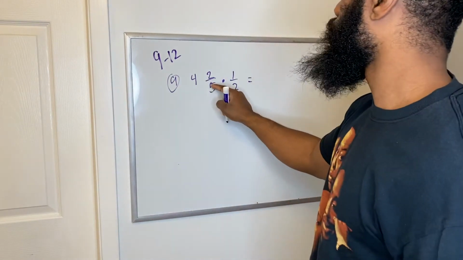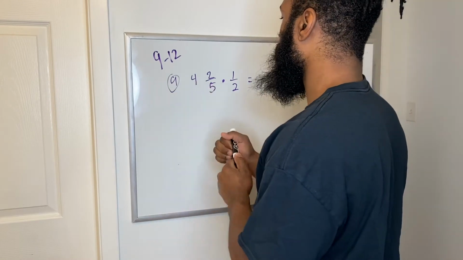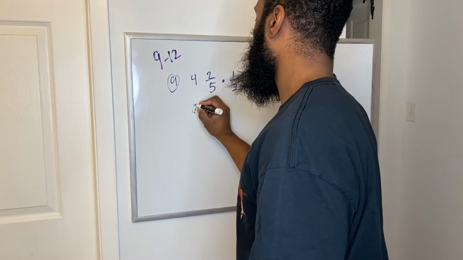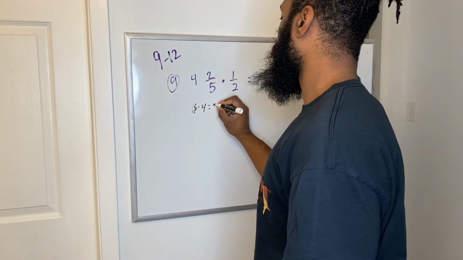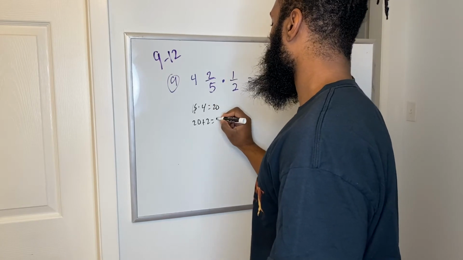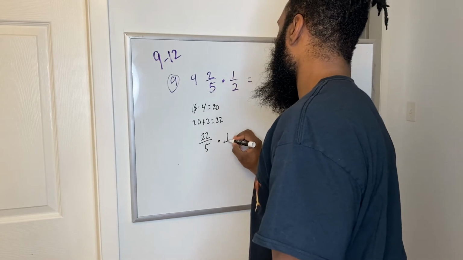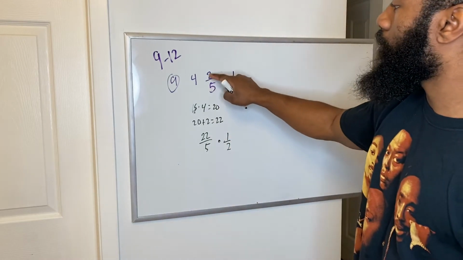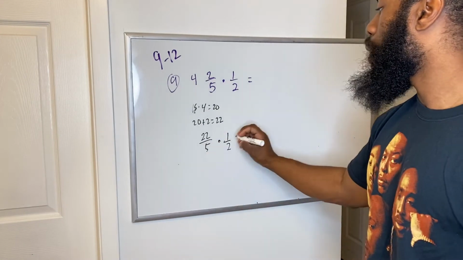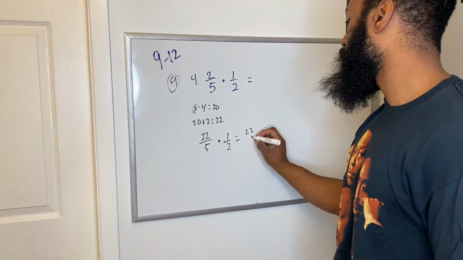So I have to convert this to an improper fraction. 5 times 4 is 20, and then 20 plus 2 is 22. So now I've got 22 over 5 times 1/2. Now I can multiply. 22 times 1 is 22. 5 times 2 is 10.